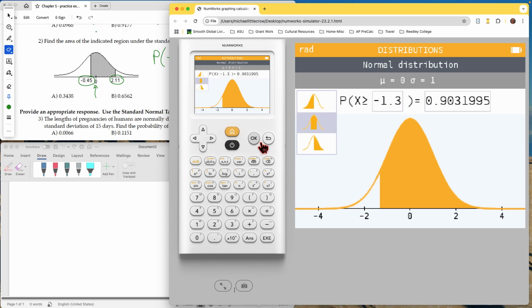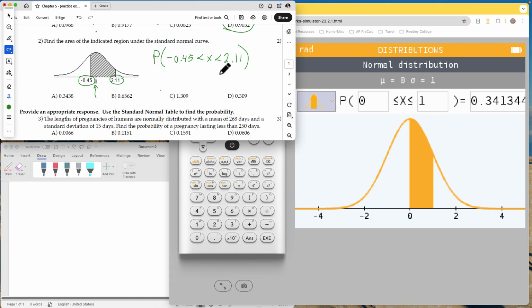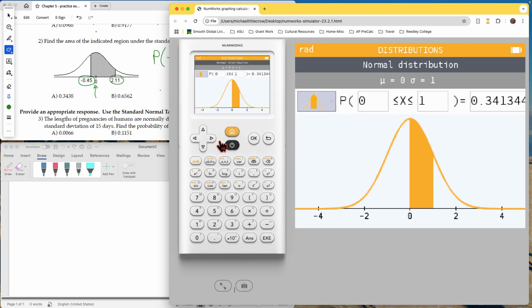When we come to our calculator, the tool we need to use is the between tool. I don't know if it's really a separate tool or just a version of the tool, but you can see we've got our between x. We put in our two values, negative 0.45 (you don't have to put that 0, but it's sometimes helpful because of the decimal) and then 2.11.